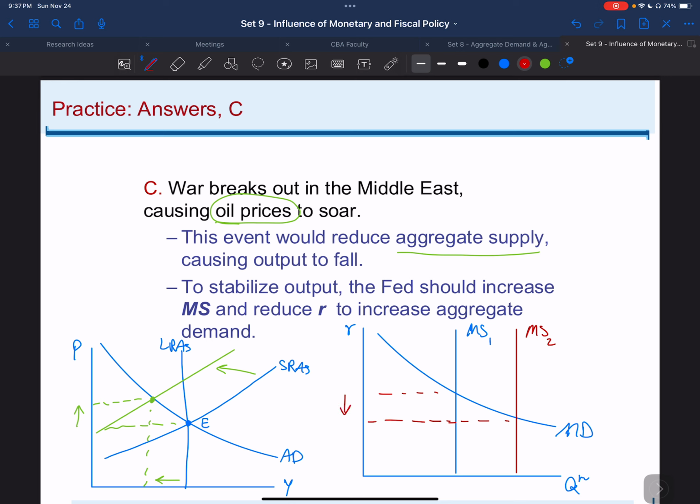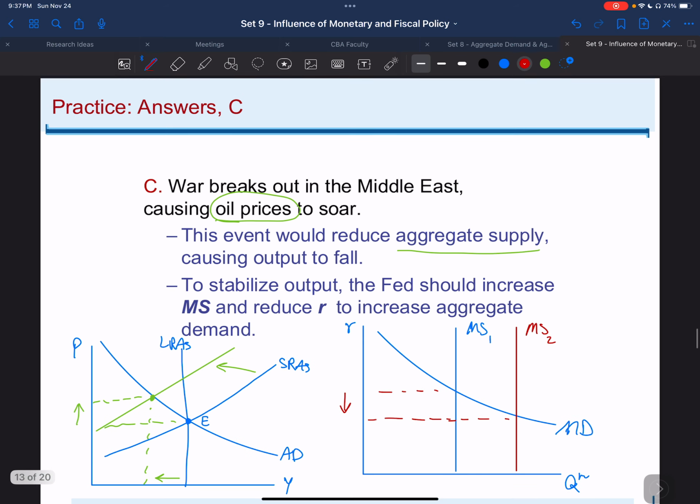So we have a lower interest rate. With a lower interest rate, we're going to see that consumption and investment will increase, and it will shift the aggregate demand to the right to this point of long run.